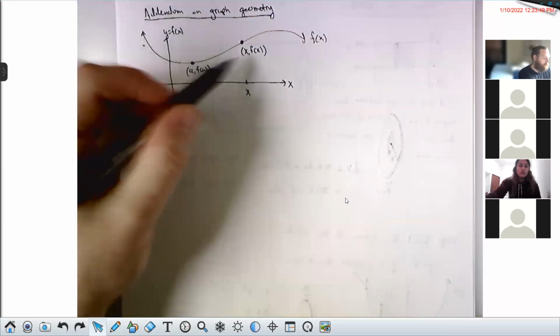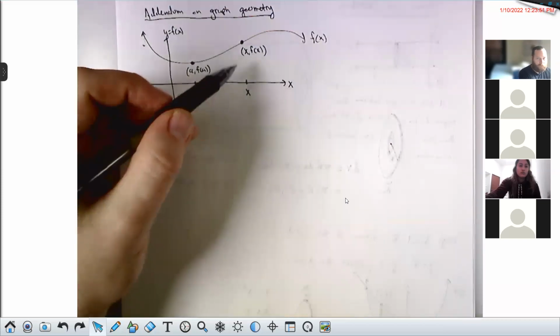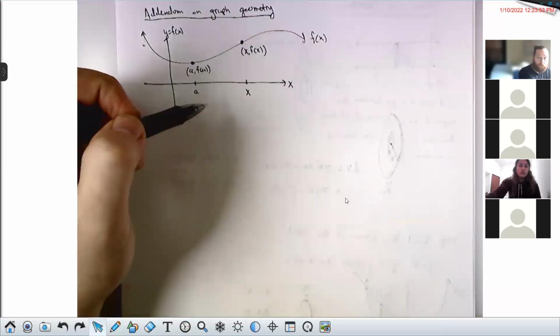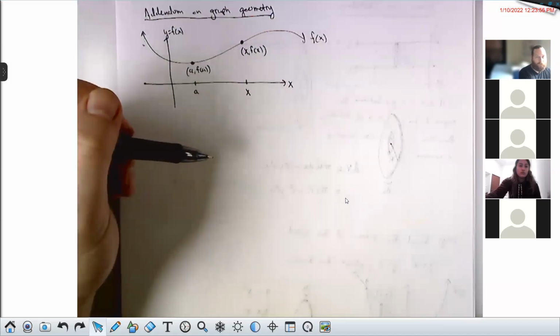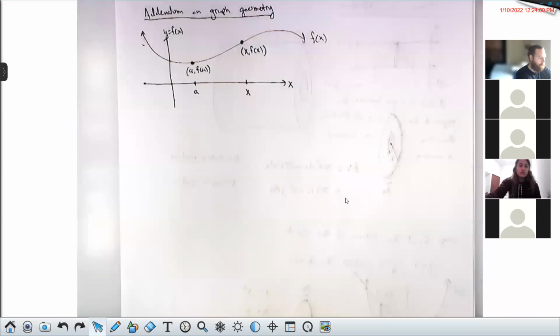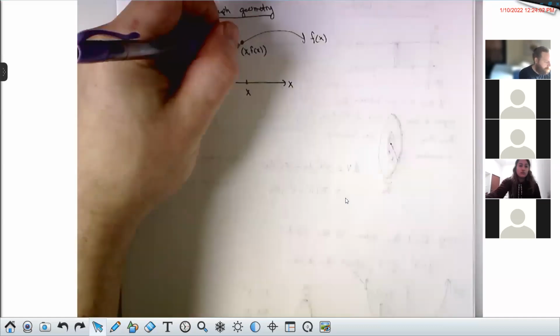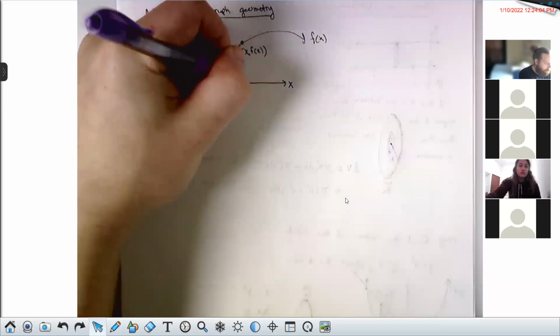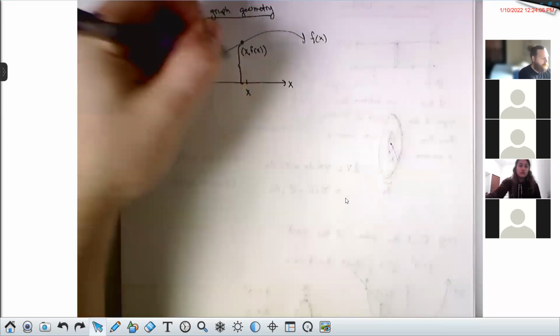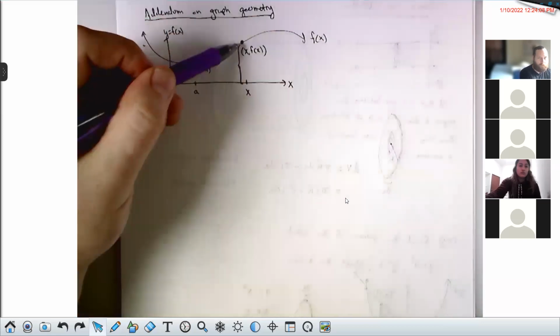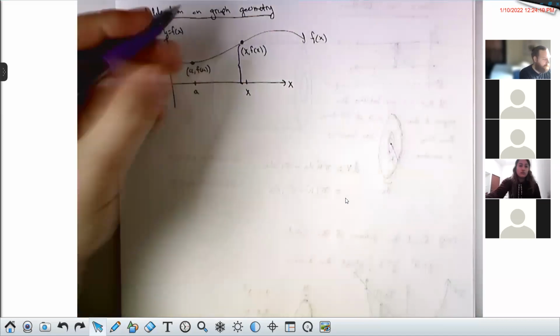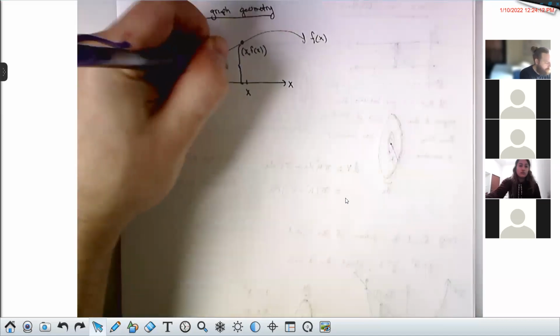When I write x comma f of x for a particular curve, I say I'm characterizing a point on that curve. If I wanted to find the vertical distance from here down to here, I would take the y value here minus the y value here. That vertical distance is just f of x.